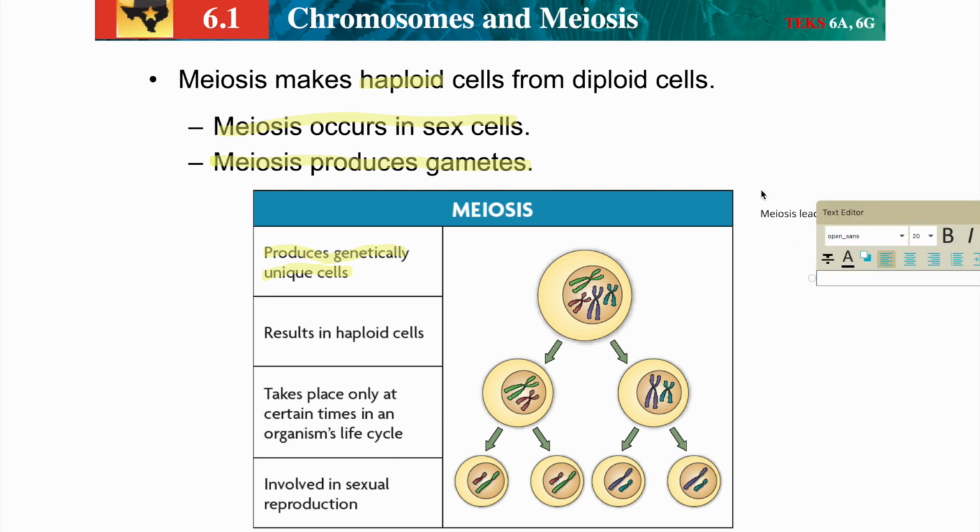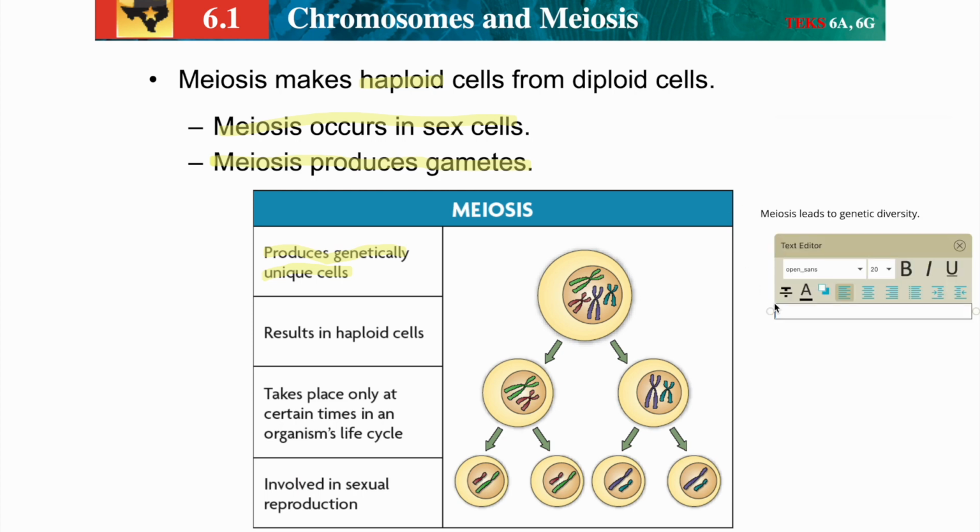Highlight that. That's important. That's what they're going to be checking that you know on your STAR test. Do you know that mitosis does not lead to genetic diversity? And if you know that meiosis does lead to genetic diversity.